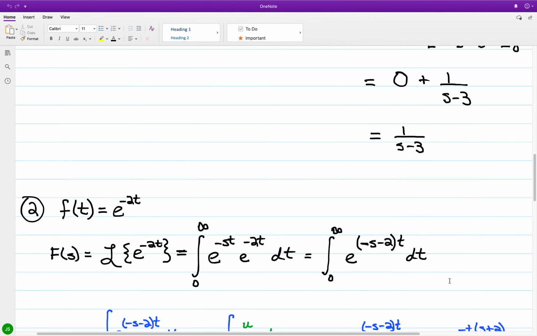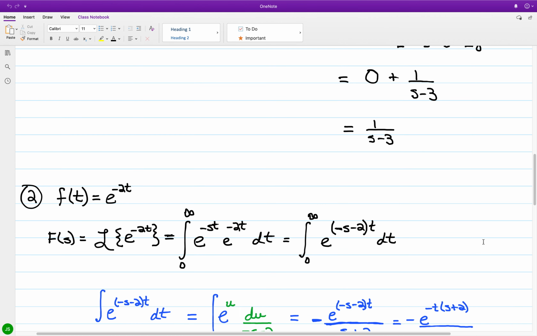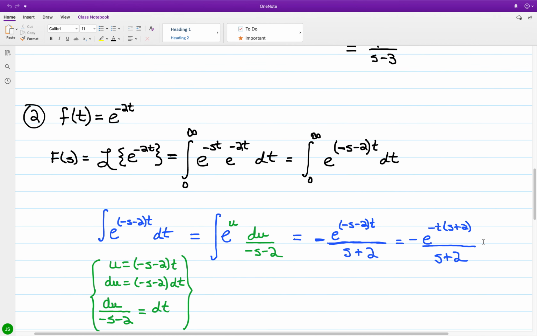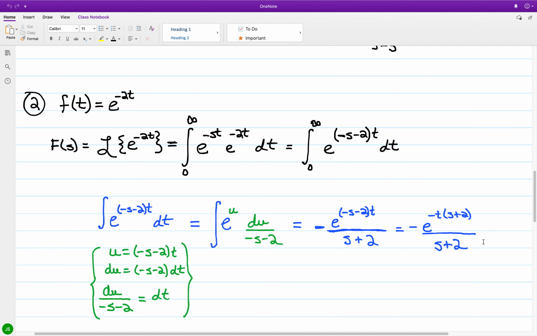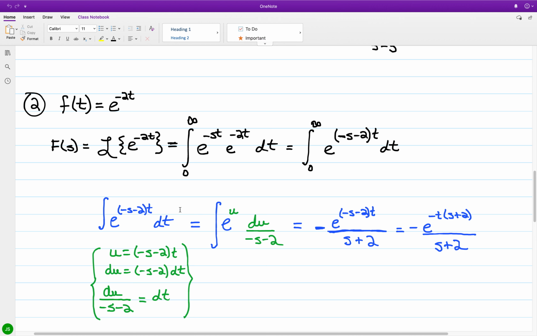With the product property, combining and factoring out t, we have e to the quantity of negative s minus 2 times t dt, and we find the antiderivative by substituting. Now with substitution, we have u equal to the quantity of negative s minus 2 times t, and upon substituting, we have e to the u times du over negative s minus 2.